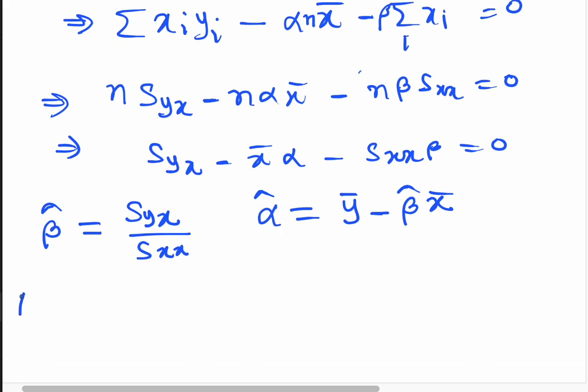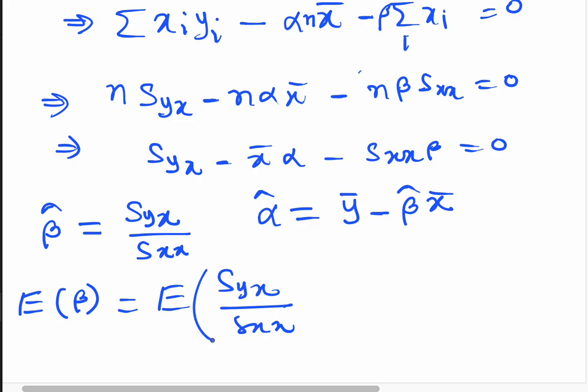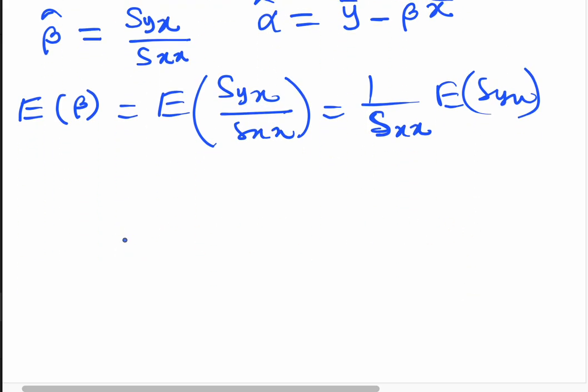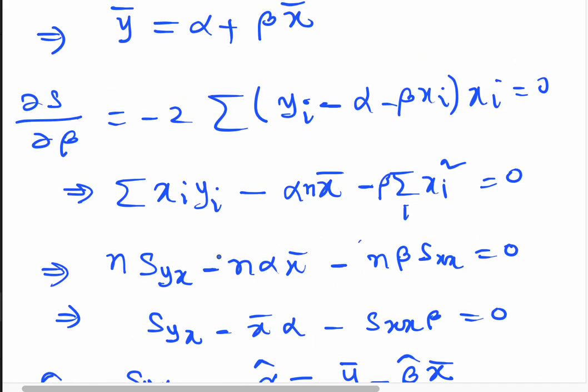That means the expectation of beta cap is the expectation of Sxy by Sxx, that is 1 by Sxx times the expectation of Sxy. And Sxy, I have done it wrong here.